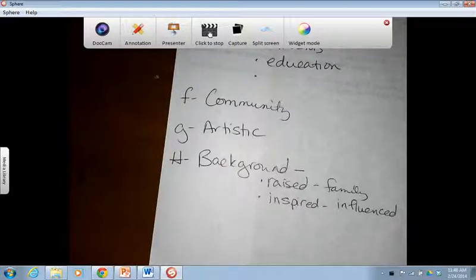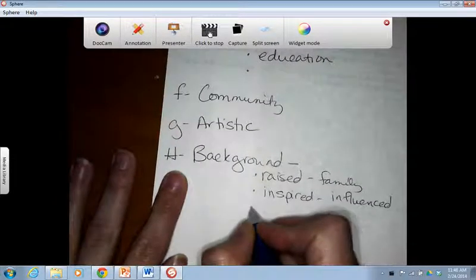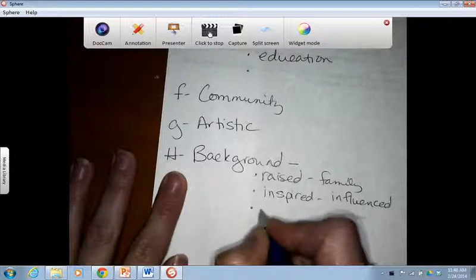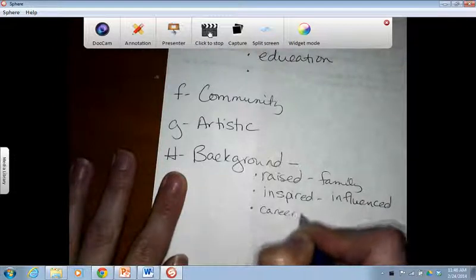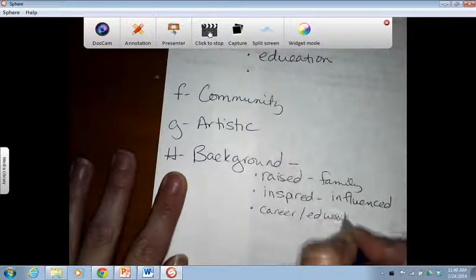If you look at Mahatma Gandhi and people like that, they were inspired by Thoreau and Walt Whitman and people like that to inspire them into civil disobedience and their ideas that led to the great things they did. So who were they inspired by, raised by? What was their career and education? What else could we do?